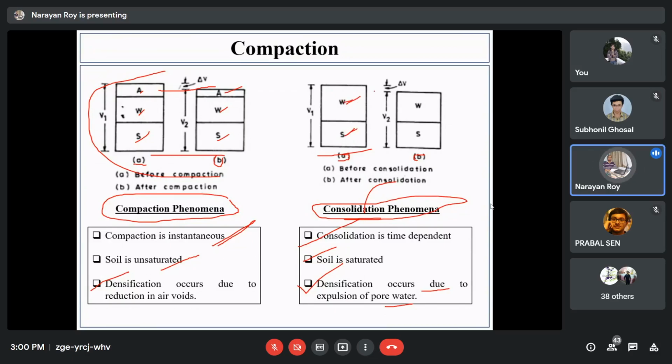There will be no air because the soil is completely saturated. And here, the volume of water is being reduced. That's why settlement is occurring and the soil is getting compacted. So ultimately, there remain the solid and water. That is the basic difference between the compaction phenomenon and the consolidation phenomenon.